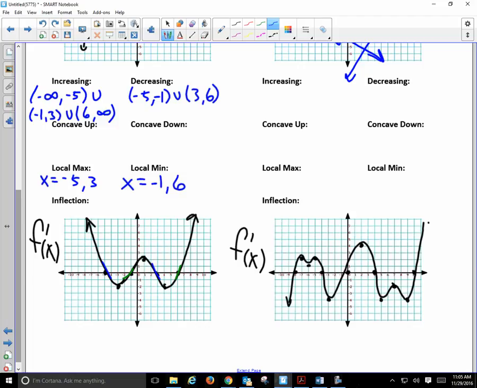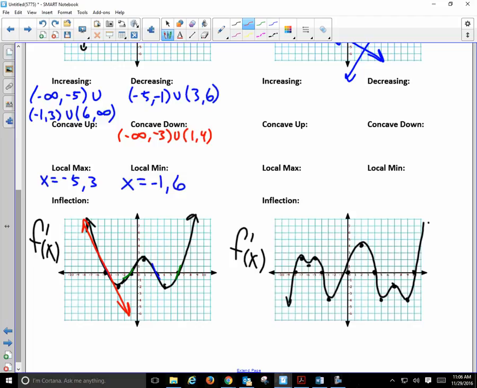Okay, so we'll go to then concavity. So concavity is going to be the second derivative. And so the way I represent the derivative of the derivative is I'm going to draw that tangent line. So positive or negative. So I'm going to be concave down from negative infinity to what? Negative 3 union with 1 to 4.